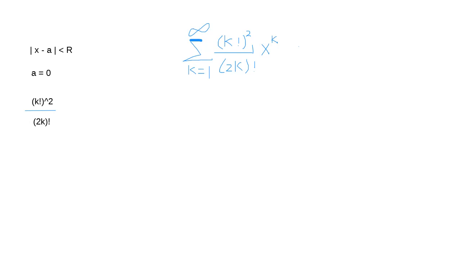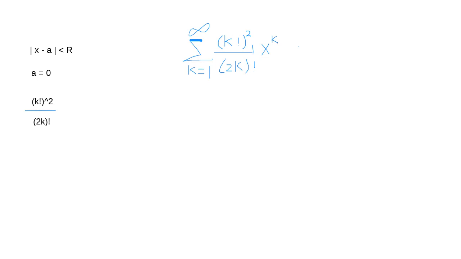We have 1 square in the numerator, which is just 1. And the denominator we have 2 times 1, which is 2 factorial, we just get half. So the first one is just half of x, because x raised by 1. And the second one, k equals 2, we have 2 factorial square over 2 times 2 factorial, then x squared.